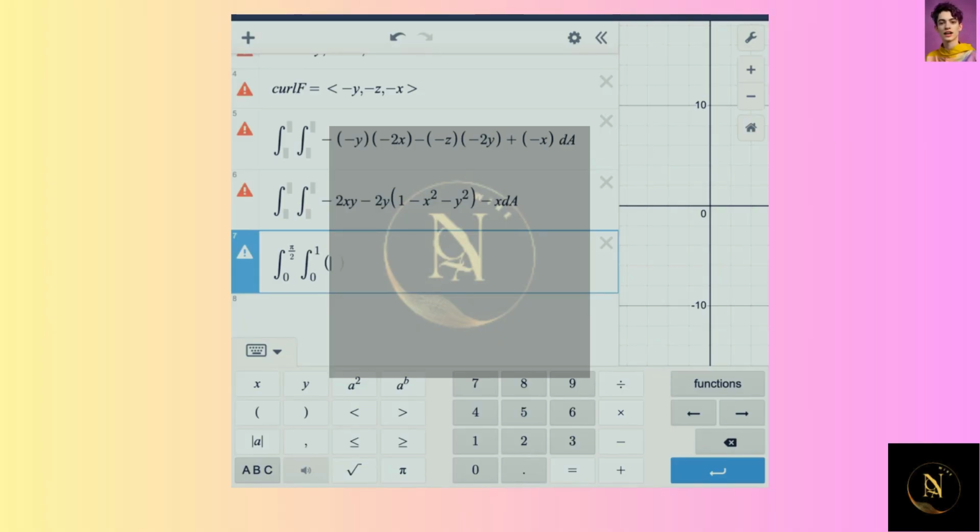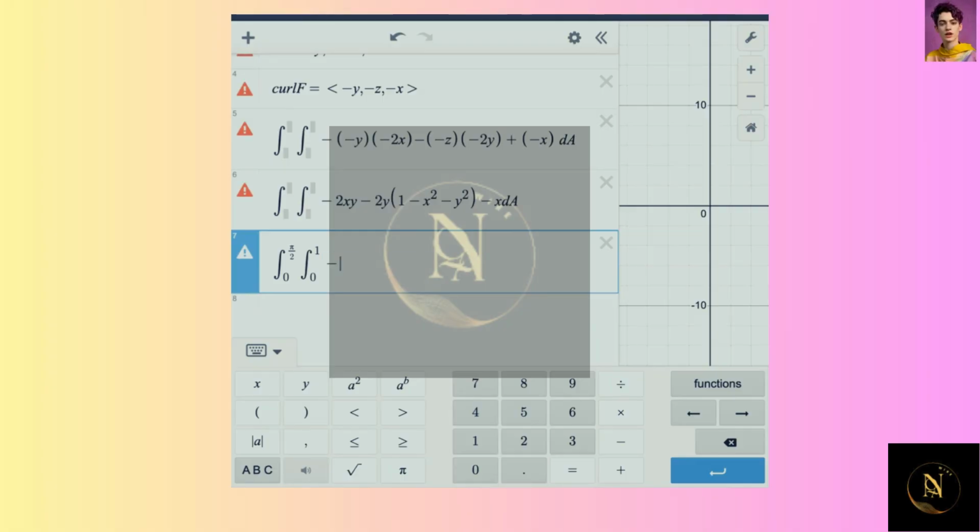This is going to be of negative 2r cosine theta times r sine theta, because it's negative 2xy. And we would continue with this, but this can be simplified even further.